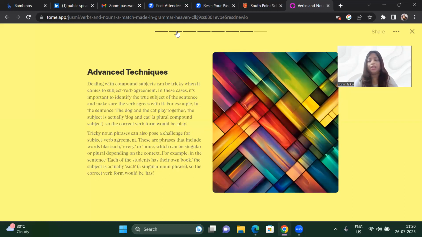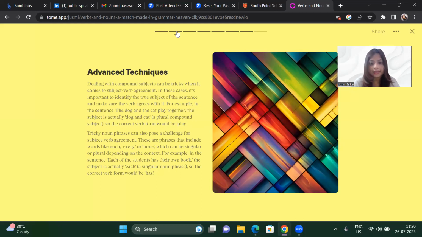Okay. Now, dealing with compound subjects can be tricky when it comes to subject-verb agreement. In that case, it's important to identify the true subject of the sentence and make sure the verb agrees with it. Okay, so you have to find out whichever is the correct subject in a sentence so that you can put the verb according to it. Okay, now there's an example also.